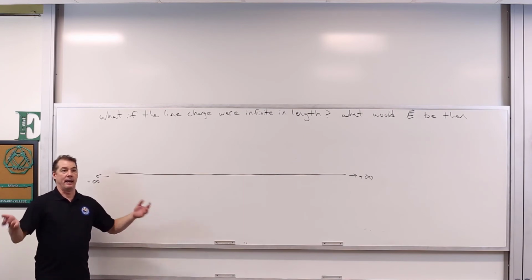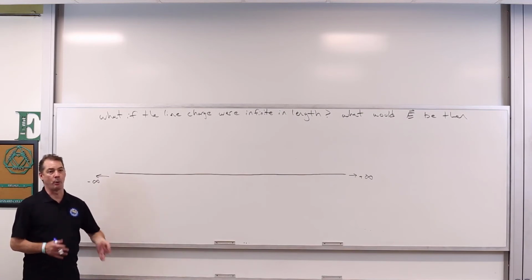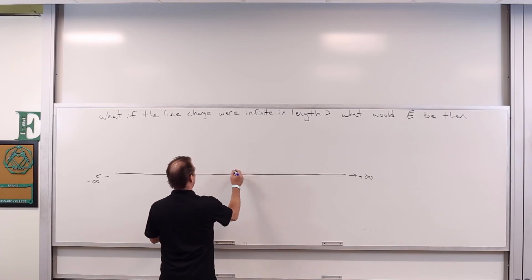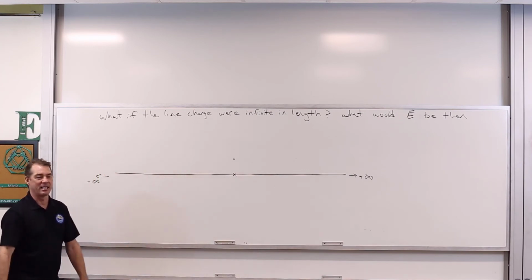That's right, it's anywhere you want it to be because it's infinite in length. There is no well-defined midpoint, it's everywhere. So we just pick a spot and say, okay, it's going to be right here. That's going to be the midpoint, where again, it's arbitrary, it doesn't matter.